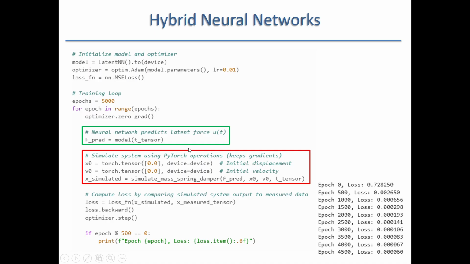So neural networks do not need to be just black boxes. They are useful to represent functions, and then these functions can be used in whatever way has some physical meaning.